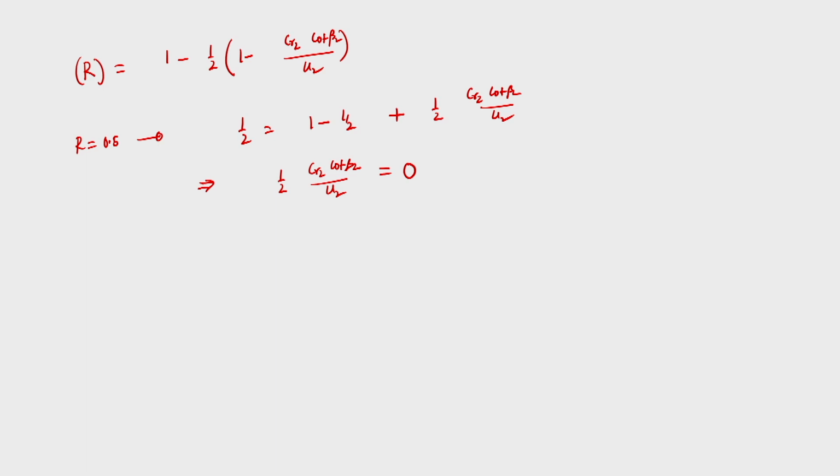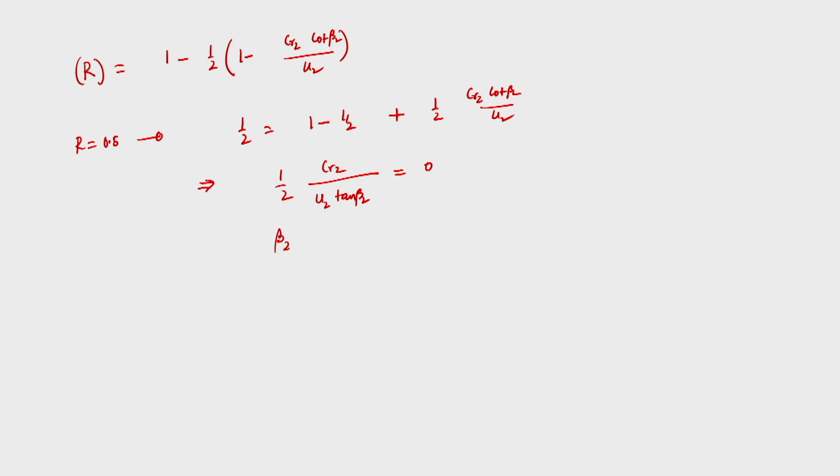I can write it in a slightly different form: half into CR2 by U2 tan beta 2 equal to 0. Now, for which value of beta 2 is this true?